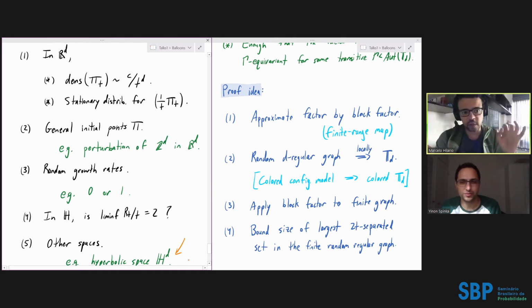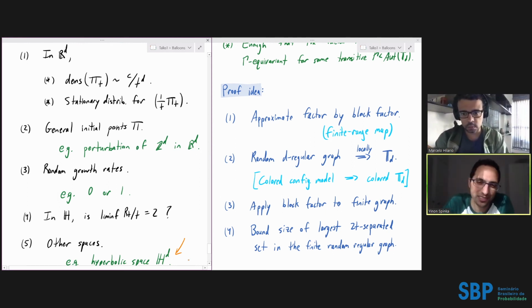And if you just start in Z^d, but then you have extra randomness just for breaking the ties, there's a lot of variants to these problems. You can do things discretely and break ties. You see here random growth rates, for example.